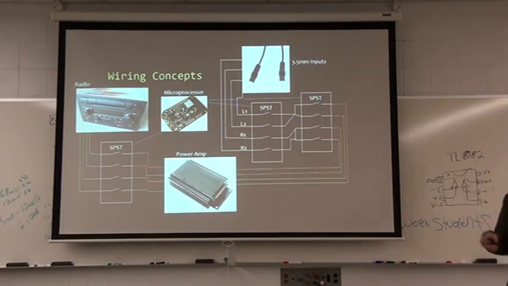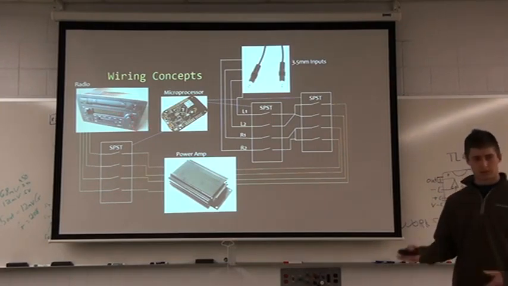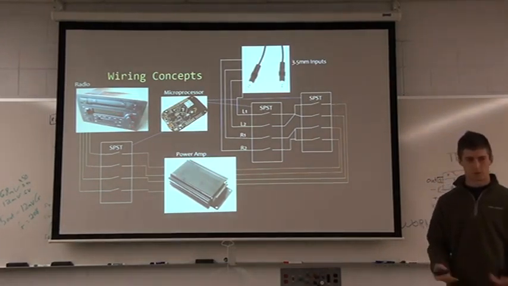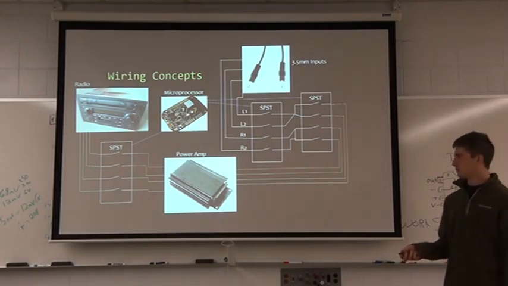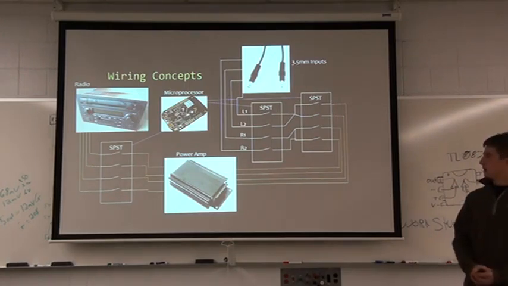And so, wiring concepts: the radio is over here, and in almost every case when there isn't a phone call, the radio will just be sent to the powered amplifier and to the sound system.